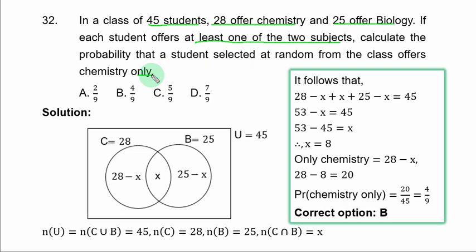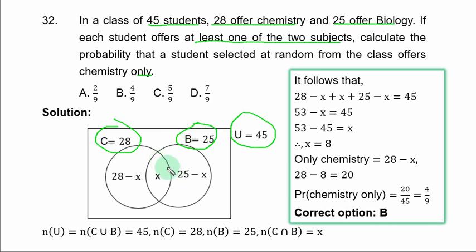You have two subsets. The number of students in the class is the universal set, denoted by a rectangle, and the subsets biology and chemistry by circles. So this is the universal set. Those that offer chemistry, those that offer biology.